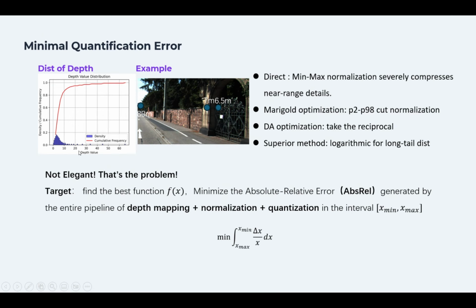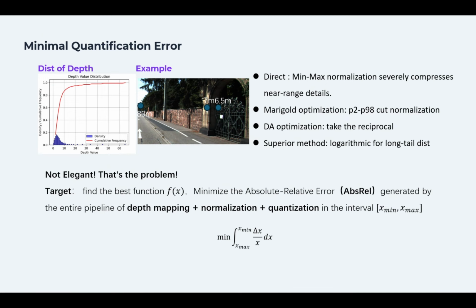See the left plot. Most pixels lie in 0 to 10, but there are some points in 10 to 80, so min-max is not good. Marigold proposes the percentile cut, using percentile 2 and percentile 98 to cut and then doing the min-max. It preserves more detail, but is still not good.